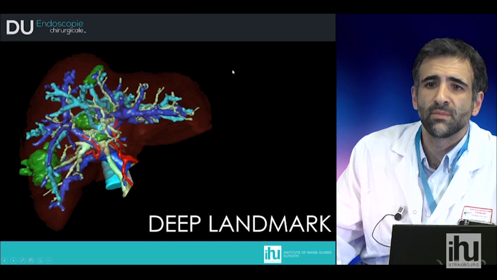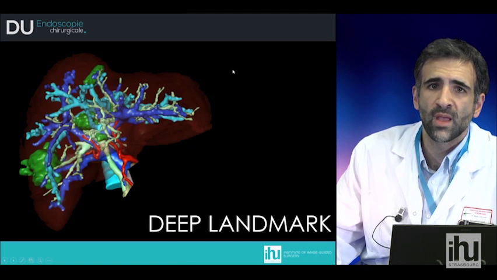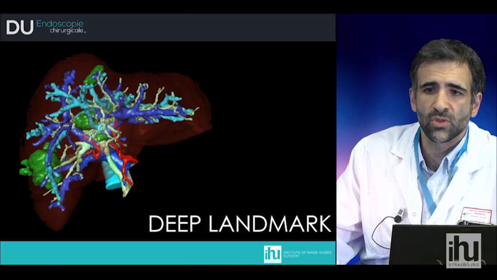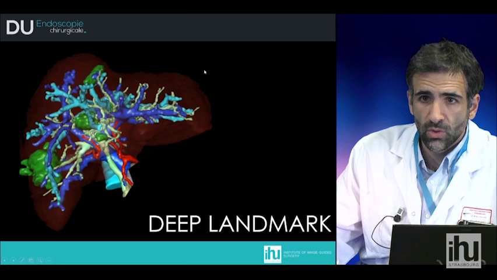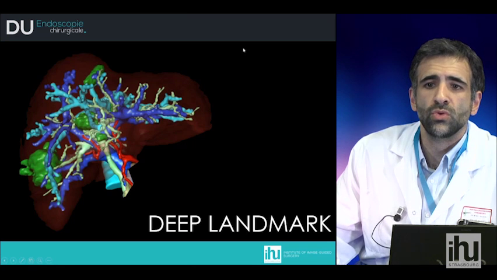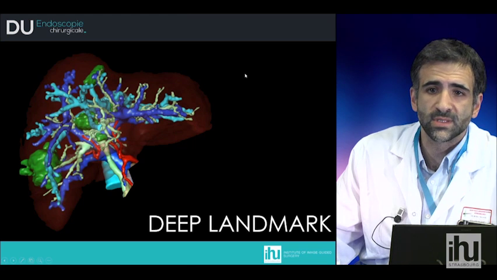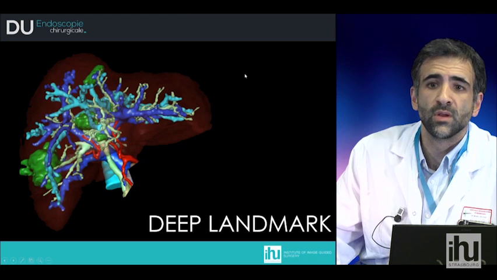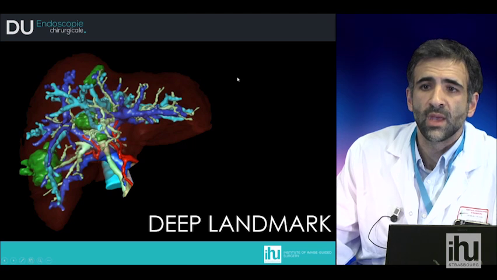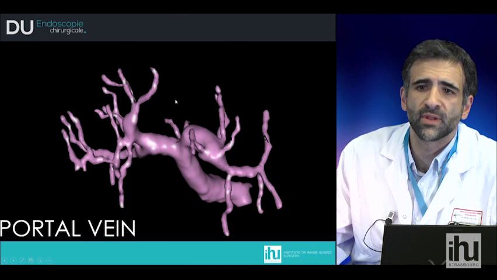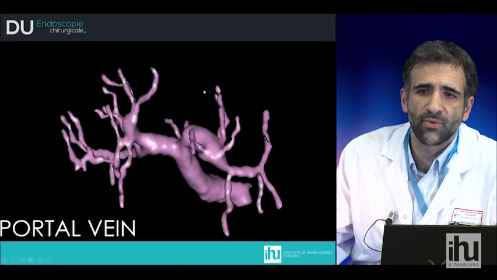Concerning the deep landmarks, there are some that have an important role in the identification of the segments of the liver, and they will be analyzed during the operative time with Doppler ultrasound or with the 3D reconstruction. First of all, we have the portal vein, which is divided in left and right branches.